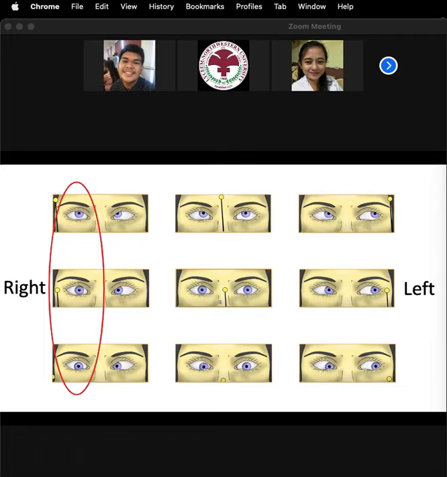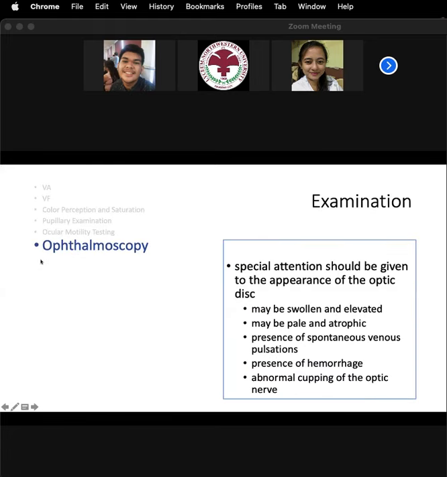Patient will come to you and complain of double, two images seen. So, in this condition, you will suspect ito yung muscle mo dito is your lateral. So, you have a right lateral rectus palsy. Yung etiology, pero most likely it's microvascular. Anyway, that's for the ocular motility.